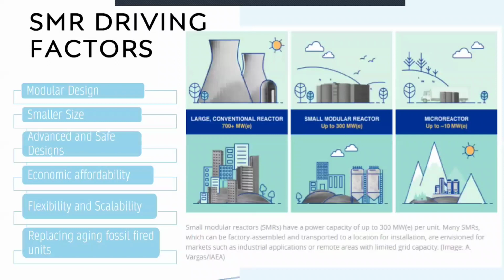Also, we have flexibility and scalability, which is the ability to deploy small modular reactors in such a way that if you need more power in future, you can add several modules. One also interesting proposition for SMR deployment is to replace the aging fossil fuel units that exist now. So these are some major factors that are influencing the development of small modular reactors.